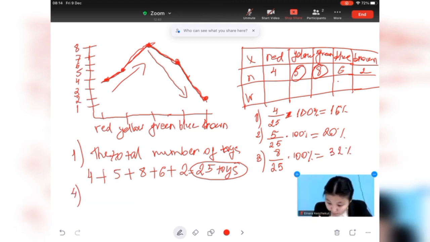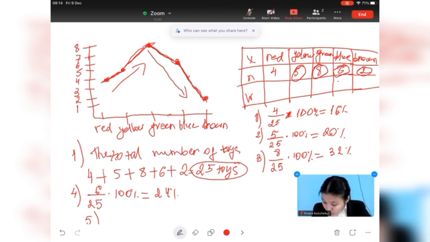And blue: 6 over 25 multiplied by 100% equals 24%. And fifth, brown: 2 over 25 multiplied by 100% equals 8%.